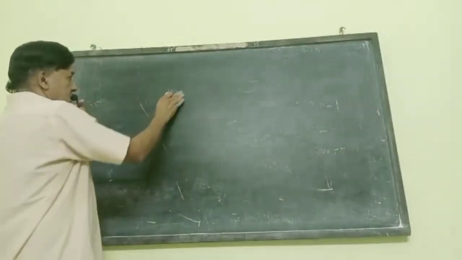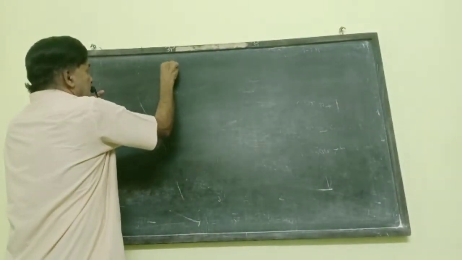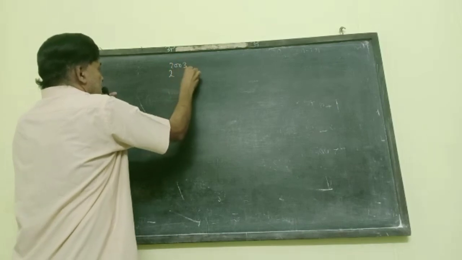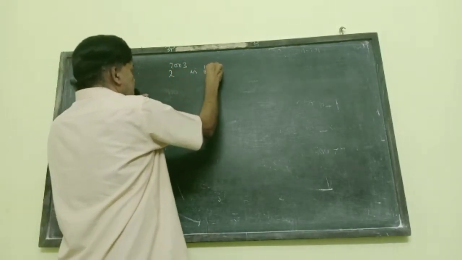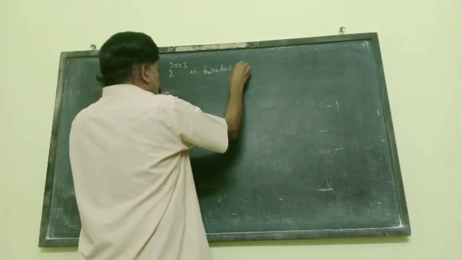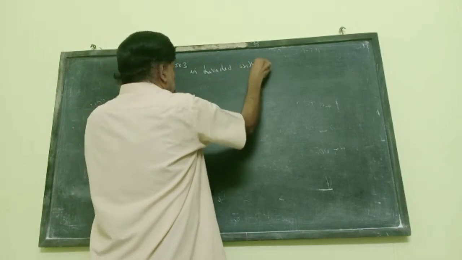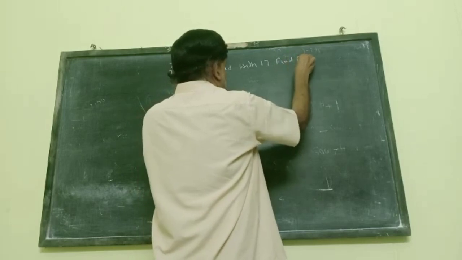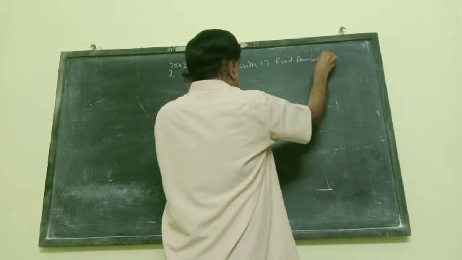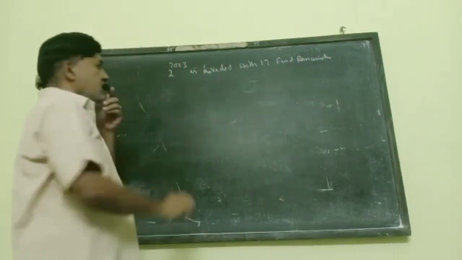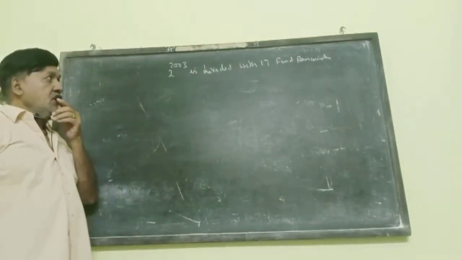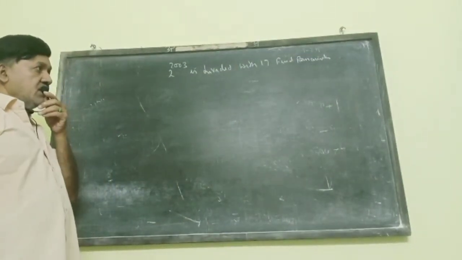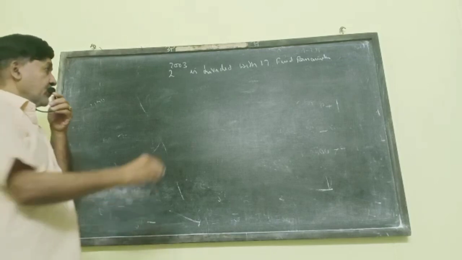The next question is: 2 to the power of 2003 is divided with 17. Find the remainder. What is the remainder?